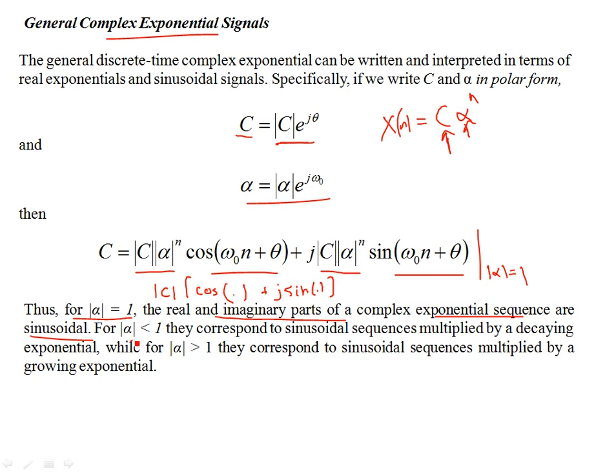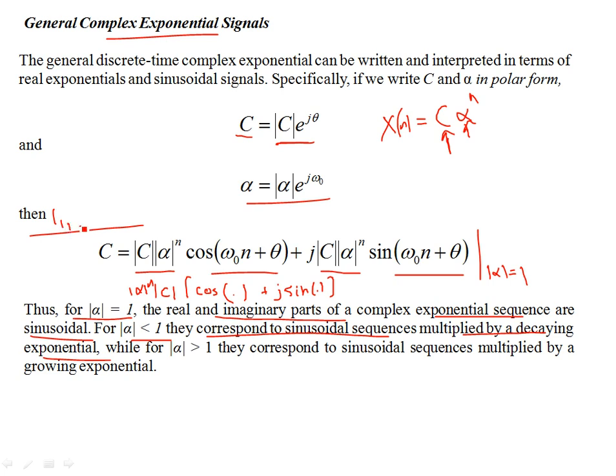But if the magnitude of alpha is less than 1, then you can guess that the sequence is going to decay. The corresponding sinusoidal sequence is multiplied by a decaying exponential, because alpha is less than 1. This alpha could be, for example, half, so half to the n. The samples are going to decay like this.